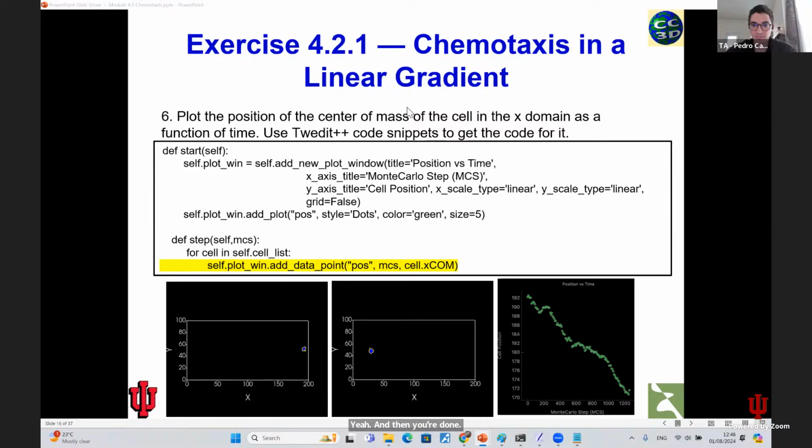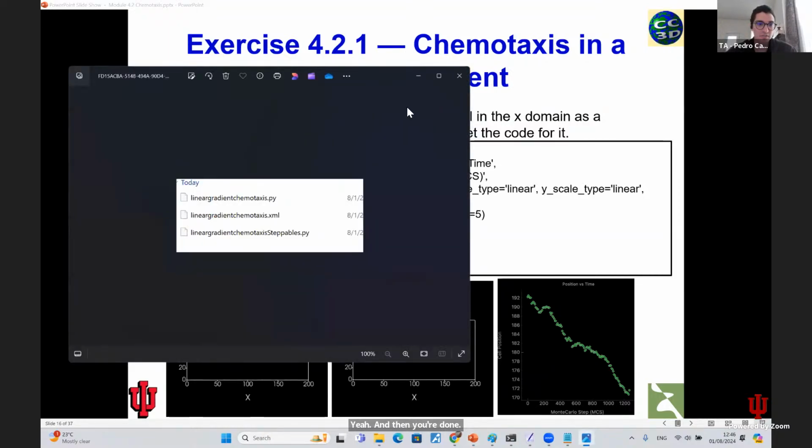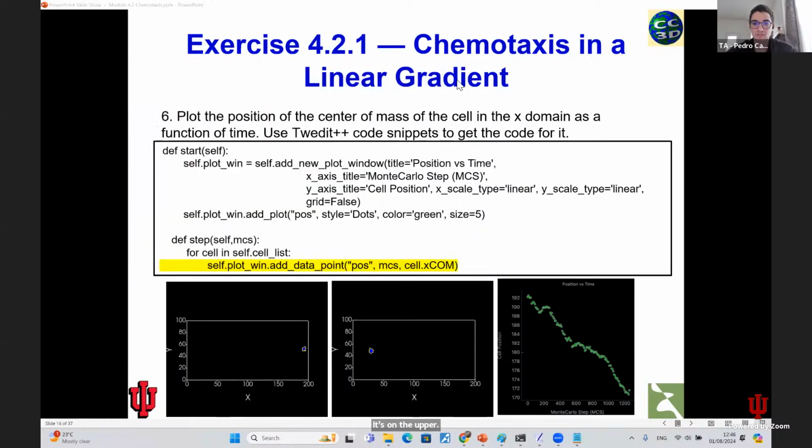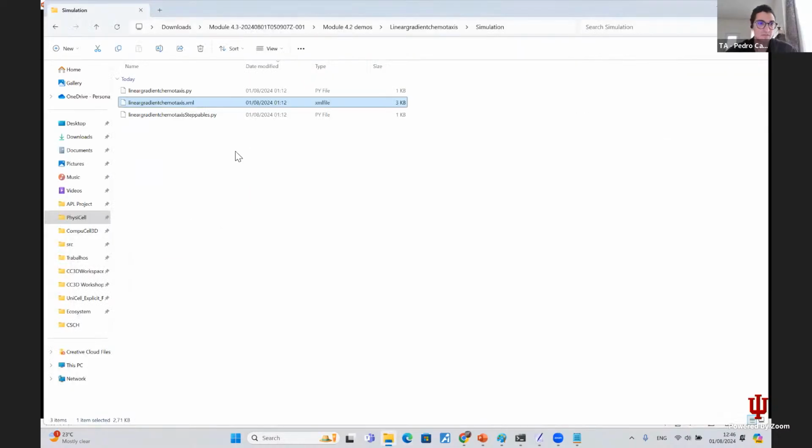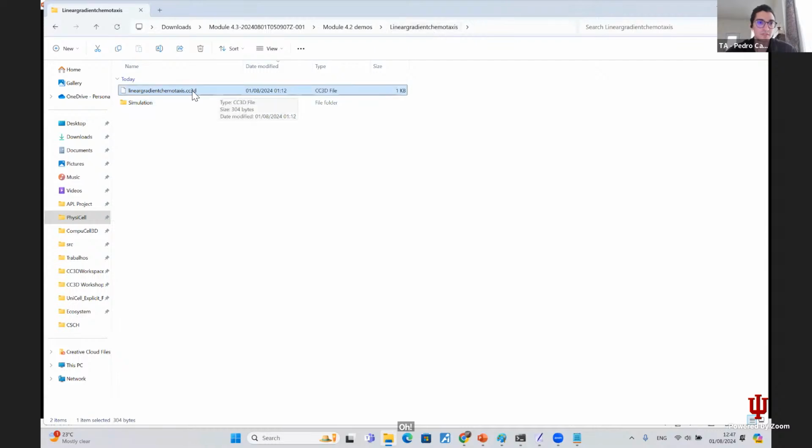I'll give you 5 minutes on this one. Linear, so no, the one you open to edit is the .cc3d file. It's on the upper folder from this one. So it's this one, linear gradient chemotaxis.cc3d.